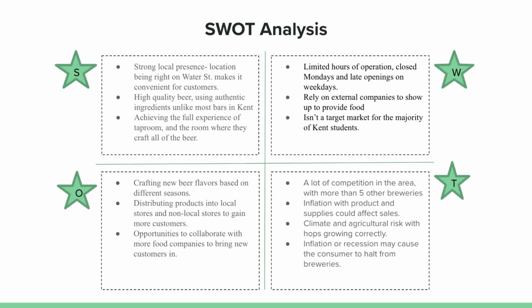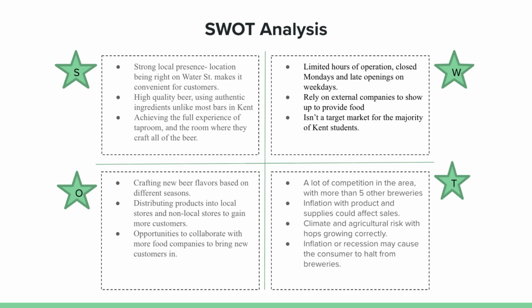Now for the SWOT analysis. There are a lot of strengths, weaknesses, opportunities, and threats. I think a big threat is that there's a lot of competition in the area. Northwater Brewing Co., being one of only a few breweries that actually produce their own beer, gives it a strong local presence.